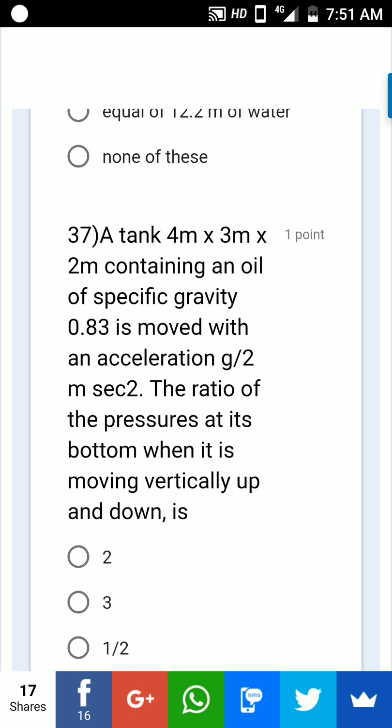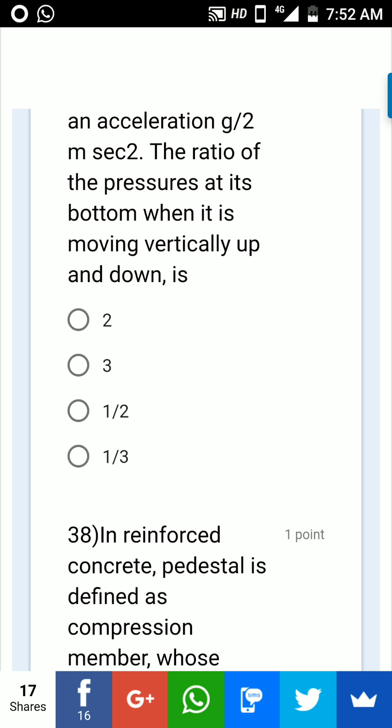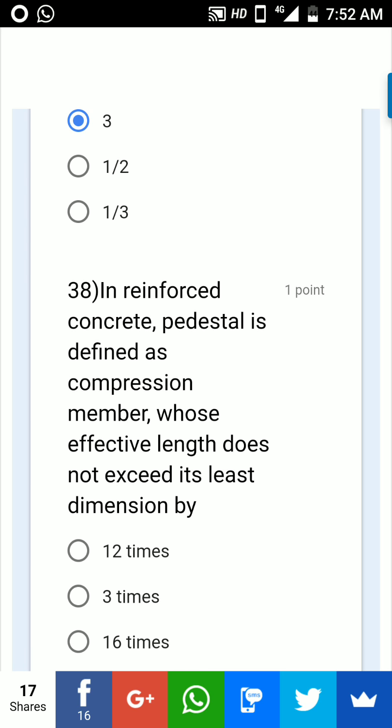A tank 4 meter by 3 by 2 meter containing an oil of specific gravity 0.83 is moved with an acceleration of g upon 2 meter per second square. The ratio of the pressure at its bottom when it is moving vertically up and down is 3.